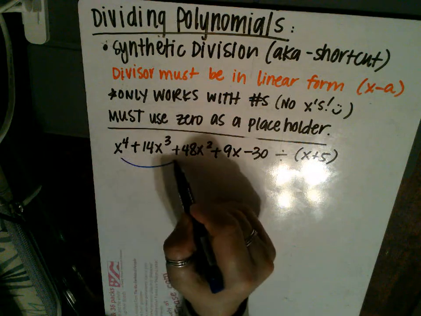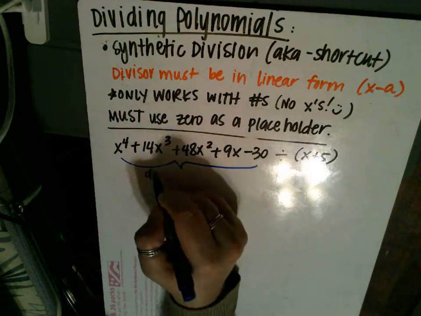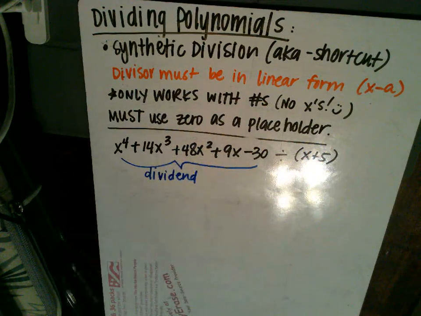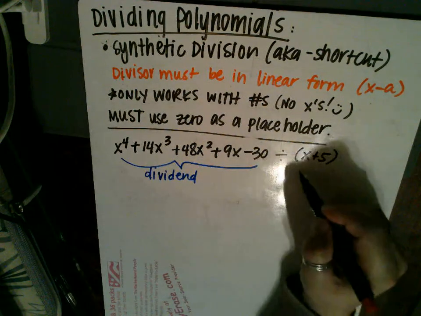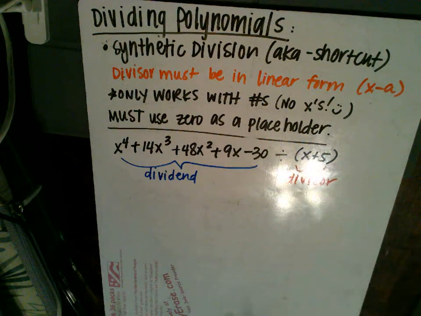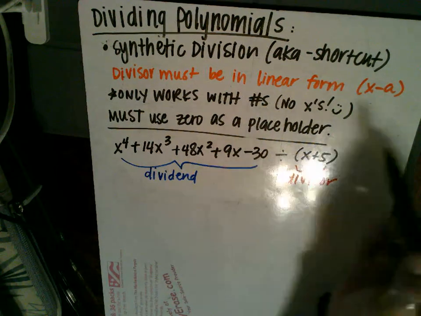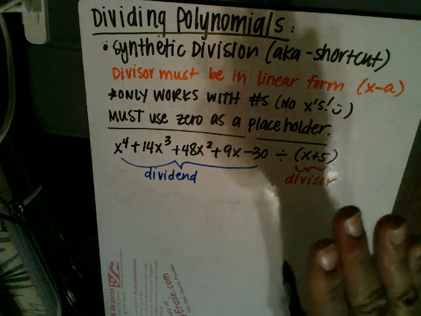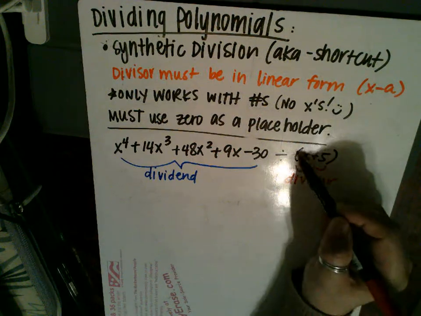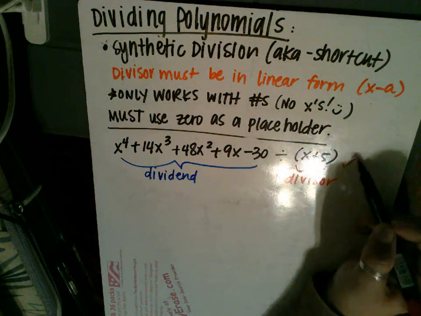We know the longer polynomial will always be our dividend. Our shorter polynomial will always be our divisor. And our divisor must be in linear form, right? x minus a or x plus 5. That's fine, as long as there's no number in front of the x.